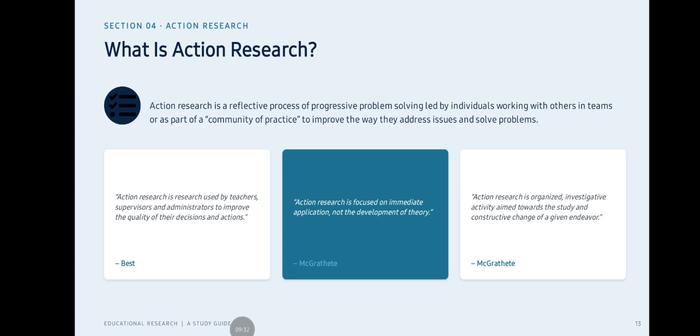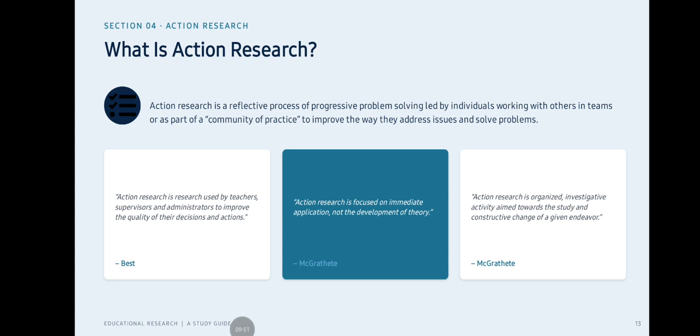What is action research? Action research is a reflective process of progressive problem solving led by individuals working with others in teams or as part of a community of practice to improve the way they address issues and solve problems.